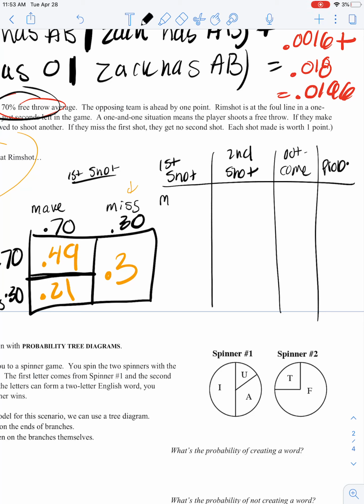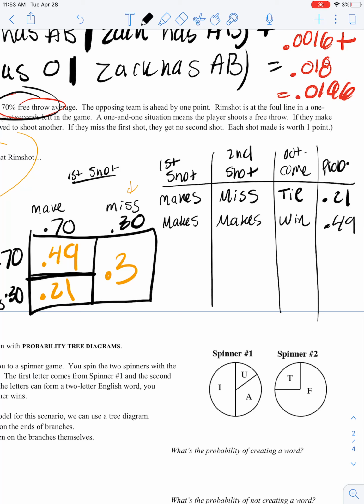Okay, so the first shot, say he makes it, but the second shot he misses. The outcome would be he ties the game, and the probability we found was 0.21. If he makes the first shot, makes the second shot, then they win the game.